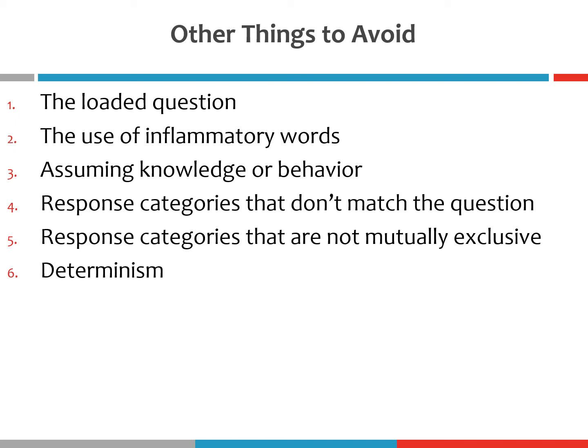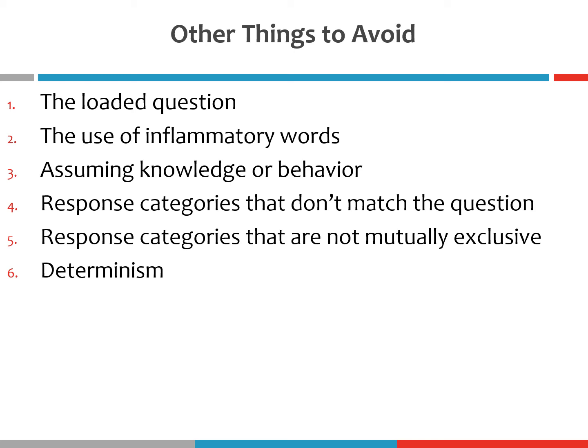So you don't want your response categories to be $0, less than $30, $30 to $40, $40 plus dollars, or $40 or more, right? Because if you spend $40, your response could be between $30 and $40 or $40 or more. So you want to make sure to have clearly delineated response categories where there's no overlapping. Okay.